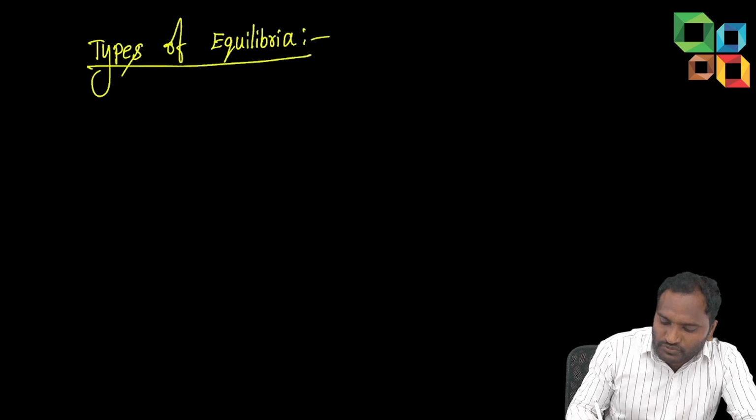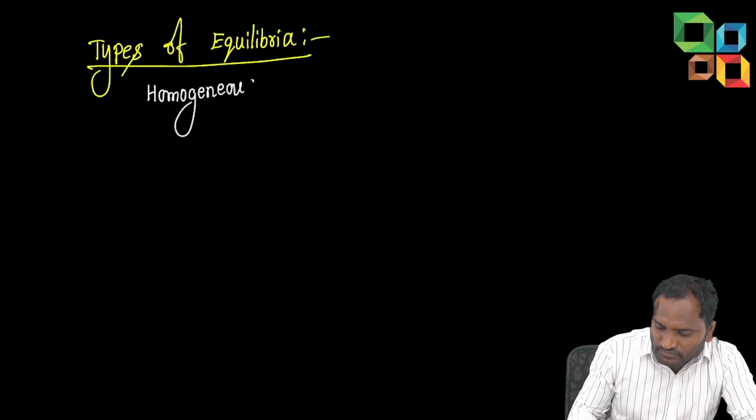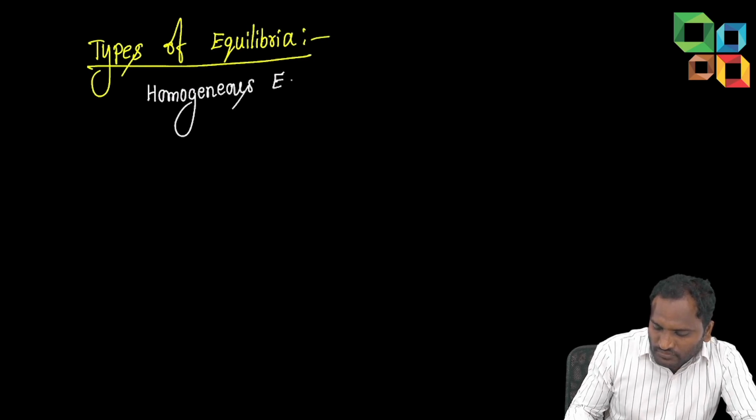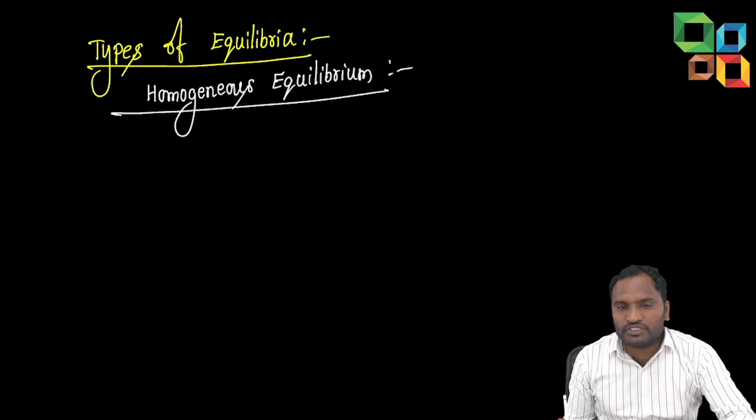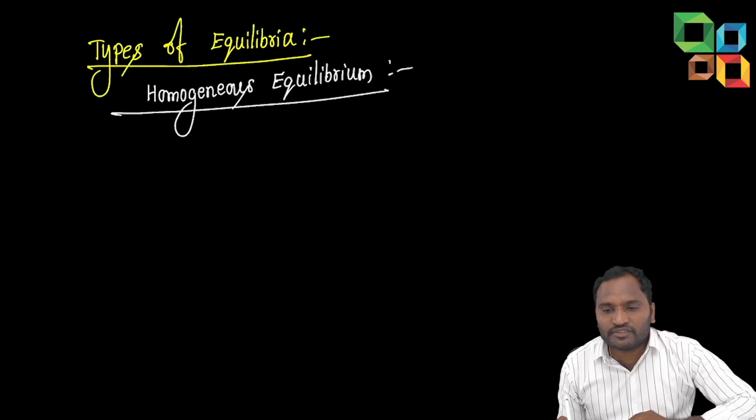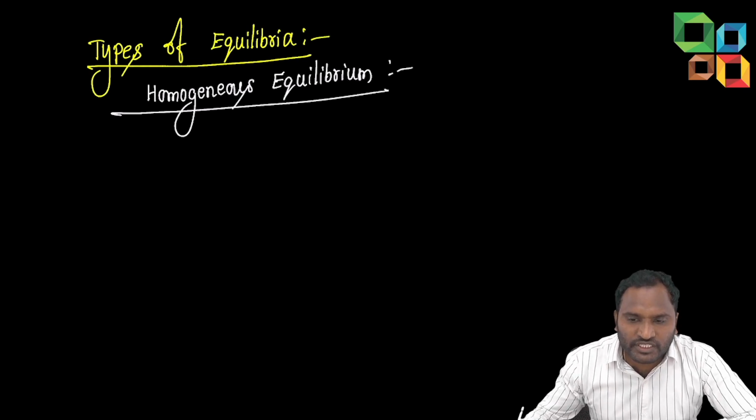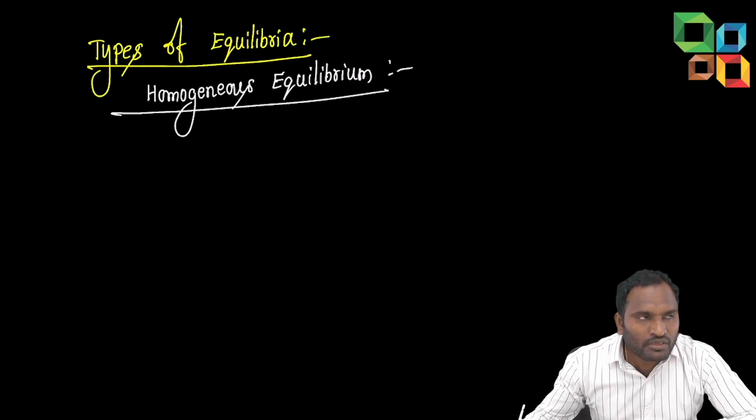There are two types. One is homogeneous equilibrium, another one is heterogeneous equilibrium. Homogeneous means reactants, products, and even the catalyst, if any, must be in the same phase.